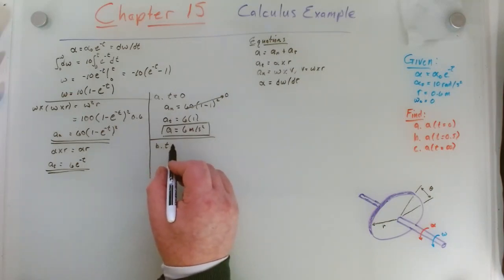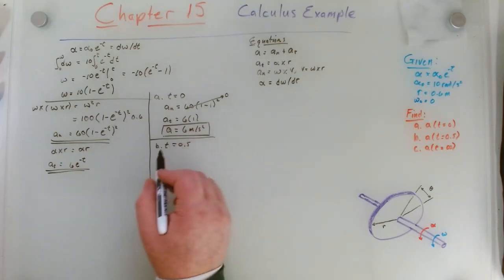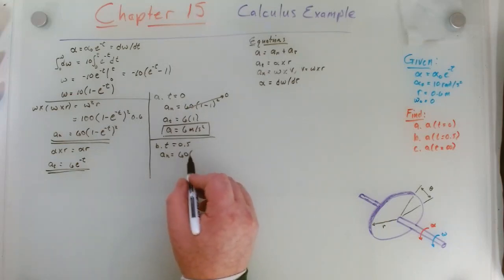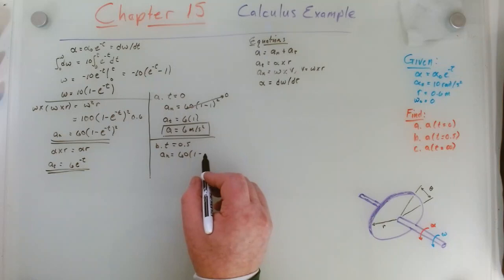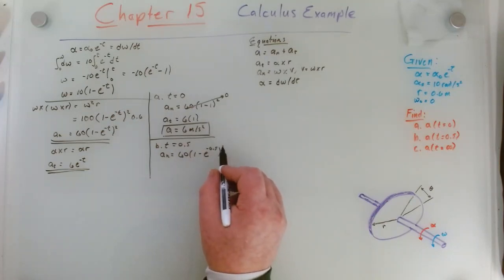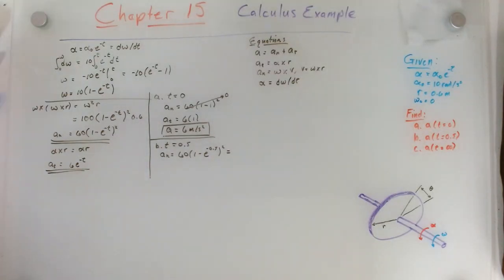So for B, t equals 0.5. Okay, and so a sub n equals 60 times (1 minus e to the minus 0.5) squared. Going to need to run that one through my calculator.